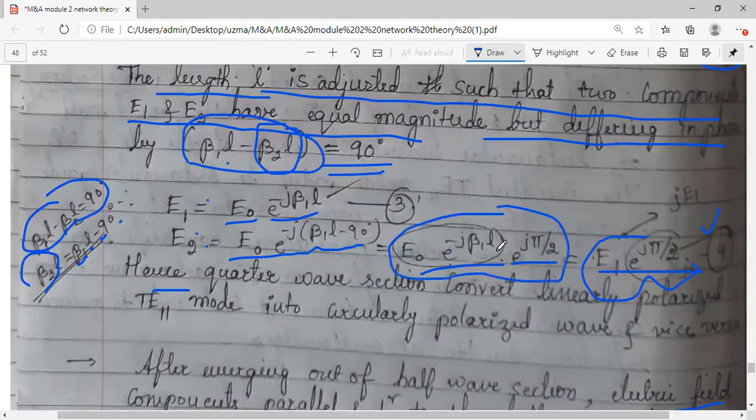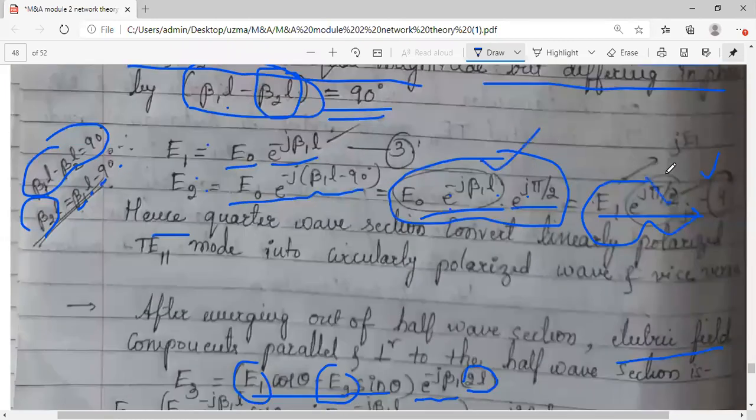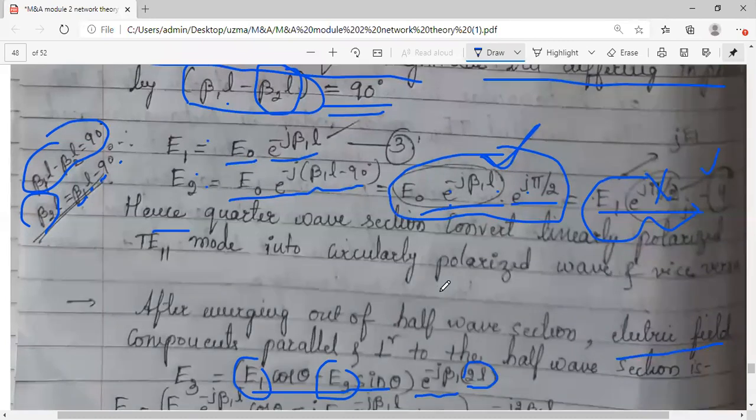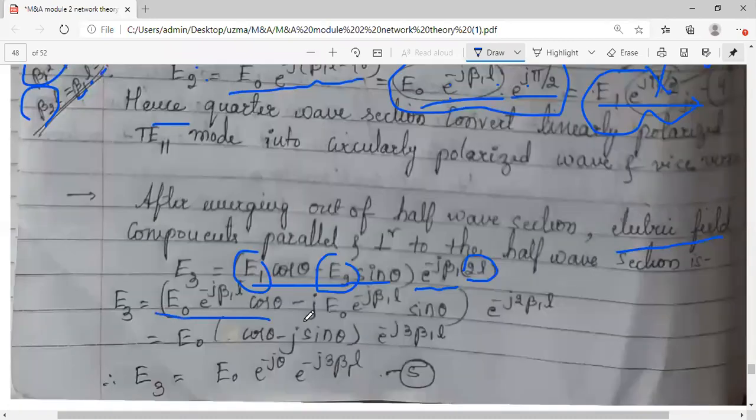E naught e raised to minus j beta 1l into e raised to j pi by 2. I think this is better, don't go for this, use this. So substituting that, instead of e raised to minus j pi by 2, I have taken minus j. Both are the same, right? Cos pi by 2 minus j sin pi by 2. Cos pi by 2 is 0. J sin pi by 2, sin pi by 2 is 1. So it is minus j.